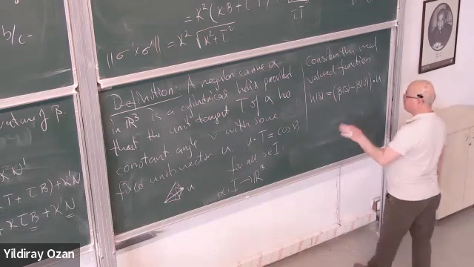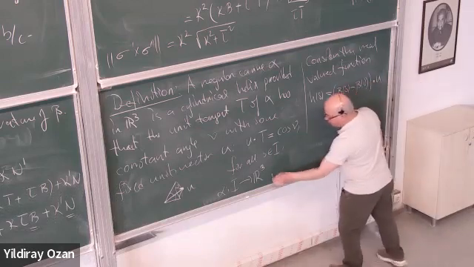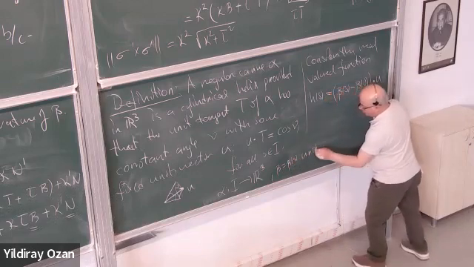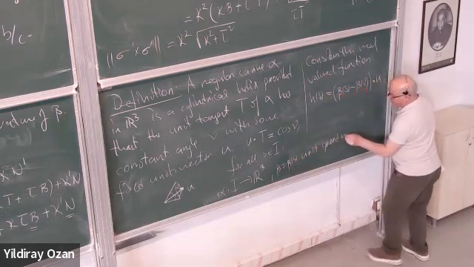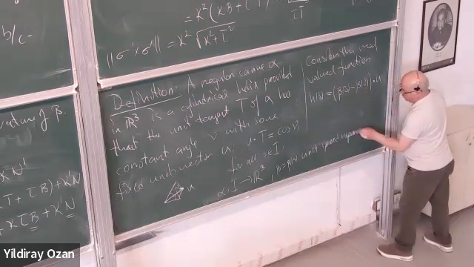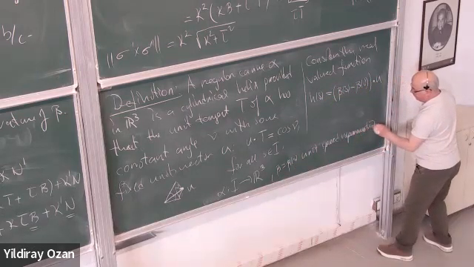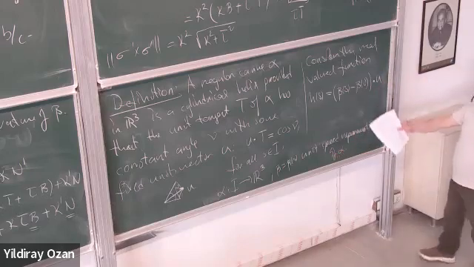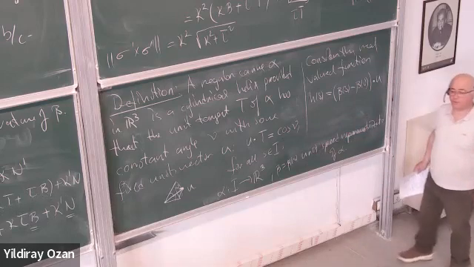Beta is the unit speed reparameterization of alpha. And t is the tangent vector of beta, of course.